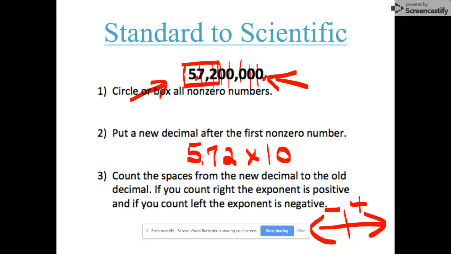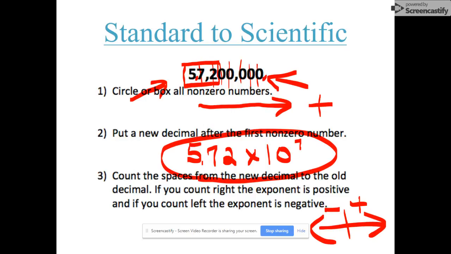And then since I counted 7 numbers, my exponent is going to be 7. Since from the new decimal to the old decimal, I moved to the right, it's going to be a positive 7. So I get 5.72 times 10 to the 7th power.